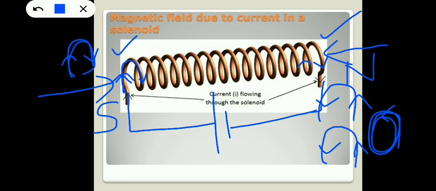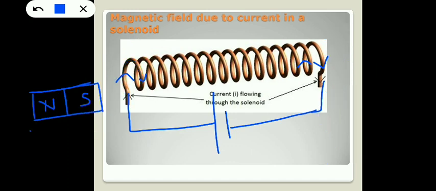Apart from this, with the help of a bar magnet also, you can identify the north pole and south pole of the solenoid. For that, just bring a bar magnet close to the solenoid. And if the south pole of the bar magnet experiences a repulsive force, we can easily arrive at a conclusion that this end of the solenoid is also south.